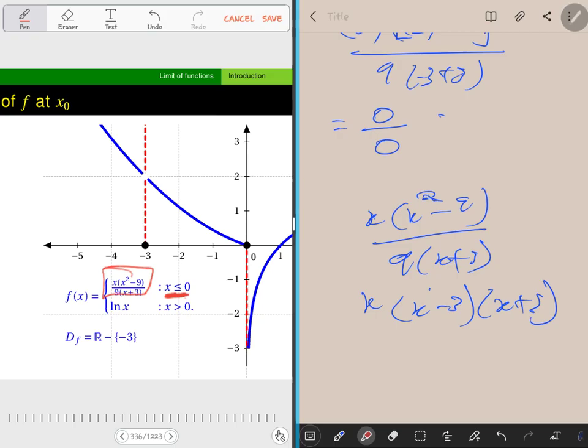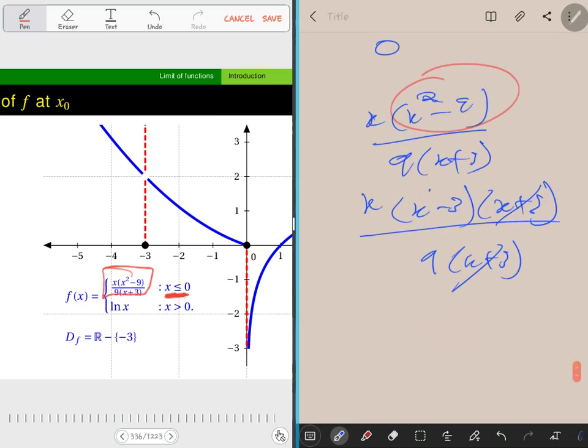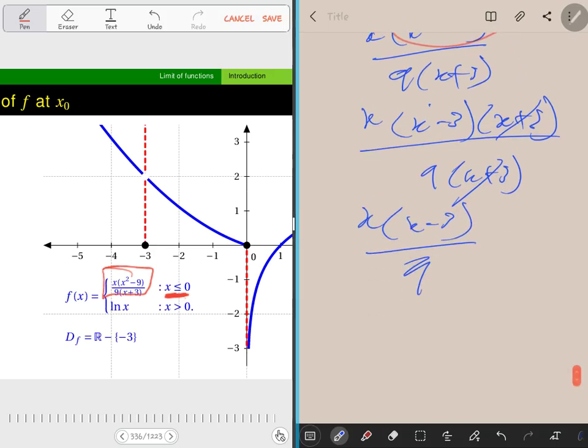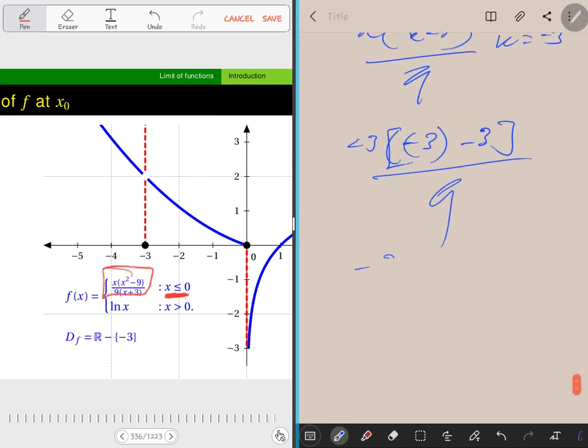The x plus 3 cancels out. So now we have x minus 3 over x, and we can put in the value negative 3: negative 3 minus 3 is negative 6, over negative 3, and we get 2.